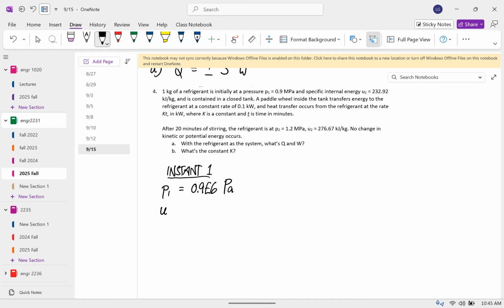We know that specific internal energy is 232.92 times 10 to the third joules per kilogram. There's 1 kilogram, so we also know that the true internal energy is 232.92 times 10 to the third joules.